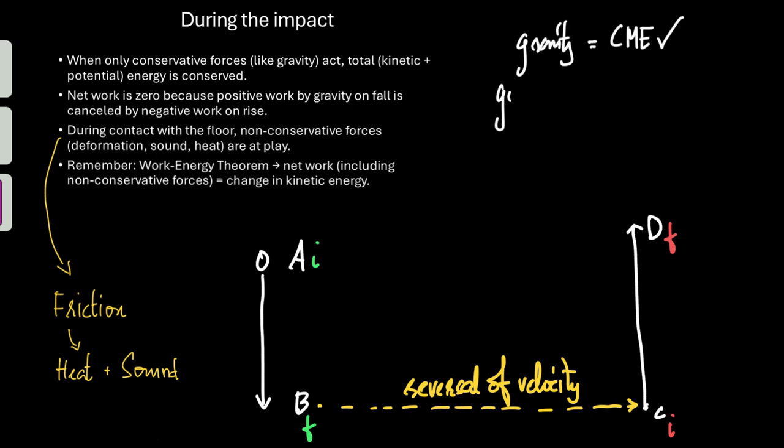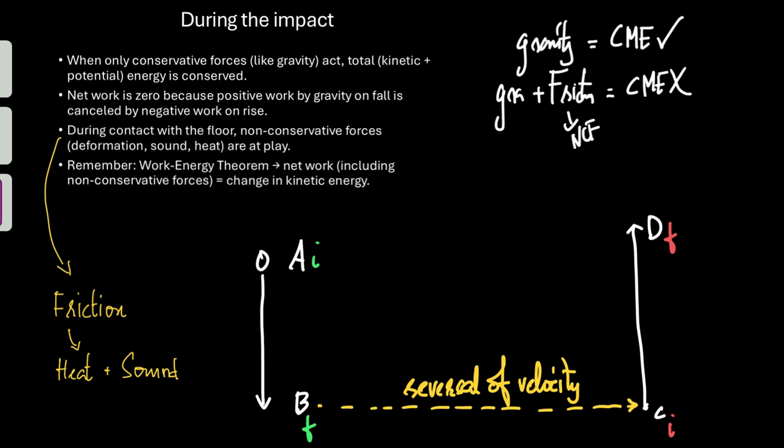But if it is acted upon by gravity and the force of friction, friction being a non-conservative force, conservation of mechanical energy cannot be applied. Why? Because some part of the mechanical energy will be converted to heat or sound or maybe light, as we see as sparks, right?